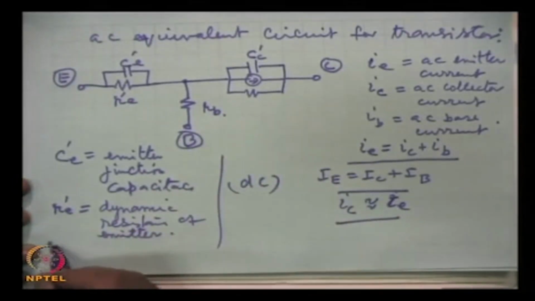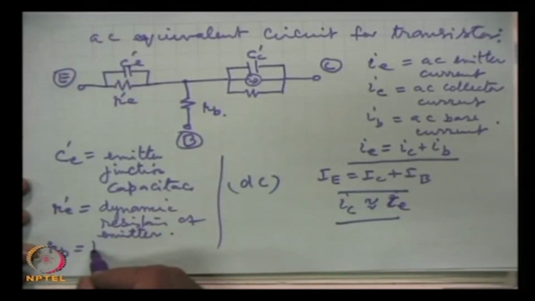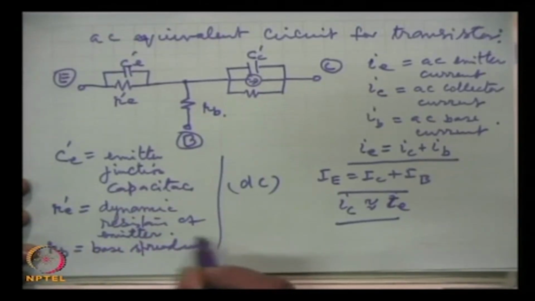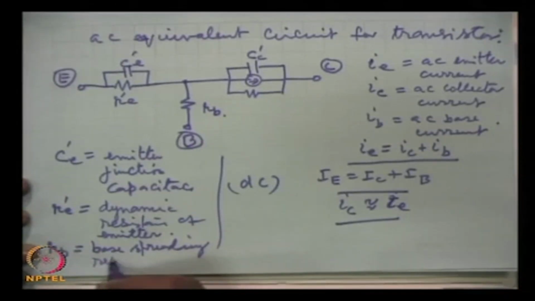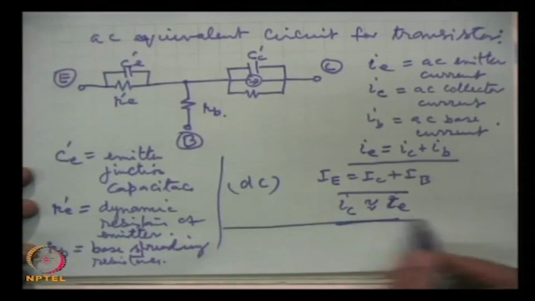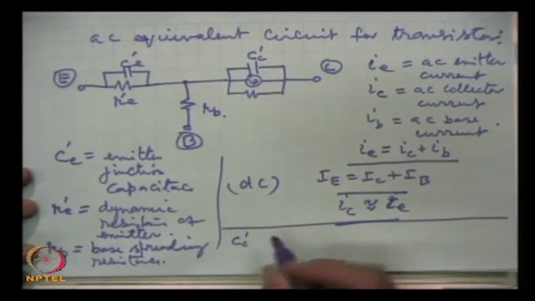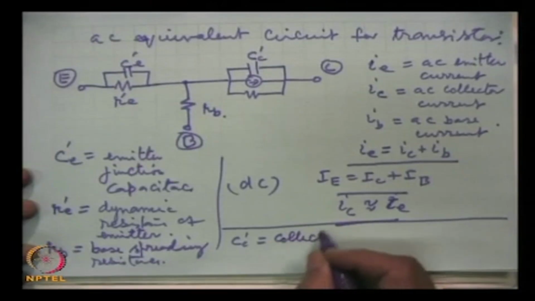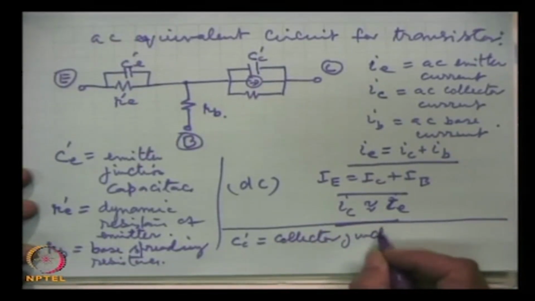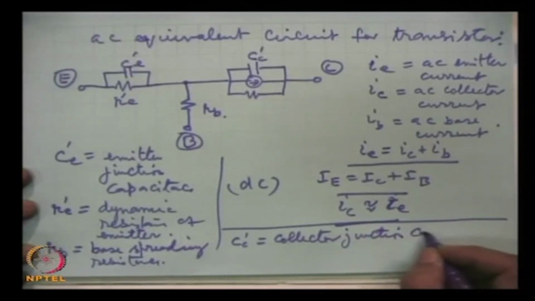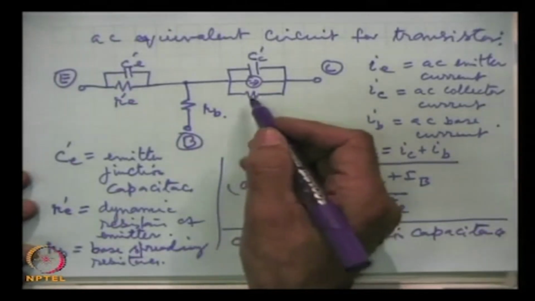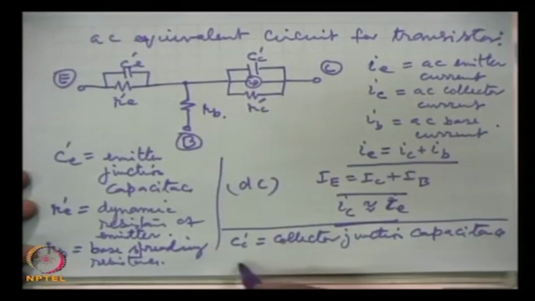R B, base spread, we just talked about the base spreading resistance, and C C, this is collector junction capacitance, and this is R C prime.